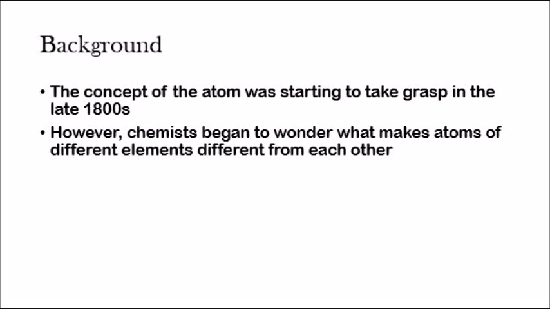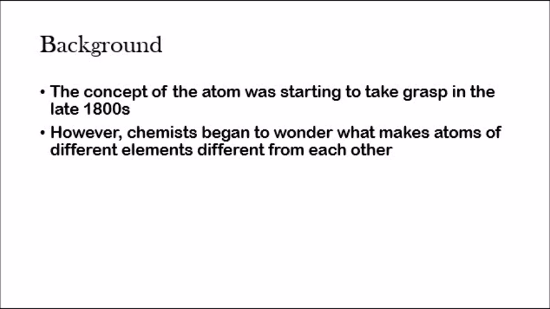So, as a background, the concept of the atom was starting to take hold in the late 1800s. Scientists started thinking about Dalton and saying, okay, this probably makes sense. The law of multiple proportions makes sense. The atom is related to elements. They started believing Dalton and all his ideas. However, chemists began to wonder what makes atoms of different elements different from each other.